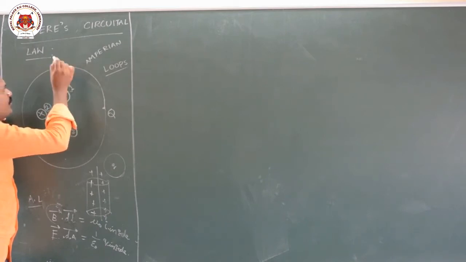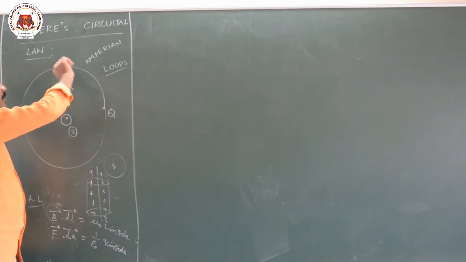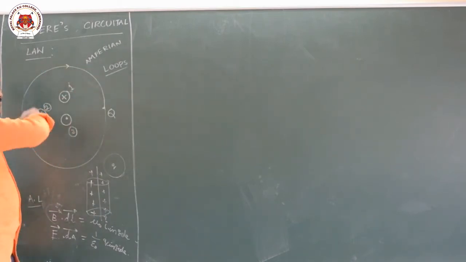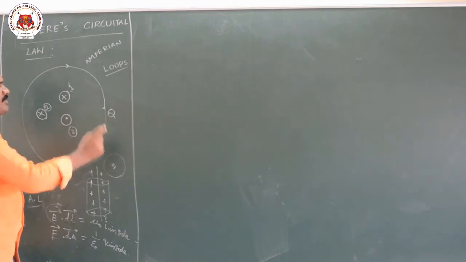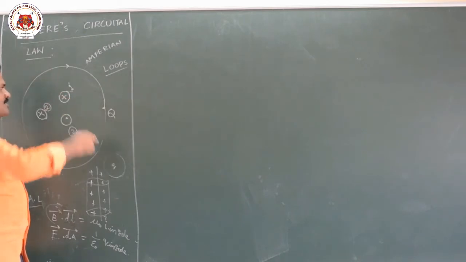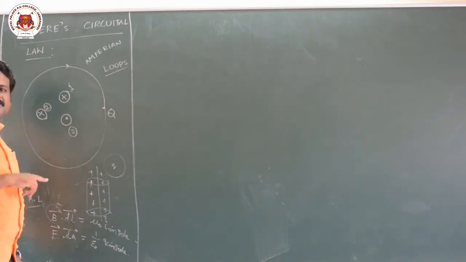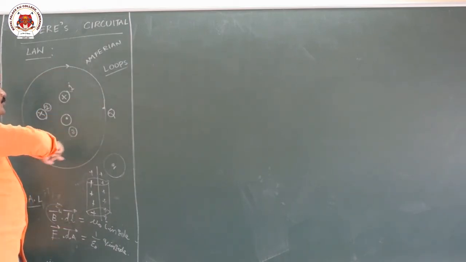You can give your own direction to the loop. I have given the clockwise direction. This loop consists of 3 wires. I am finding the magnetic field at a point Q, and for that loop, to get the sign convention for current entering and coming out, I will use the direction of this loop.